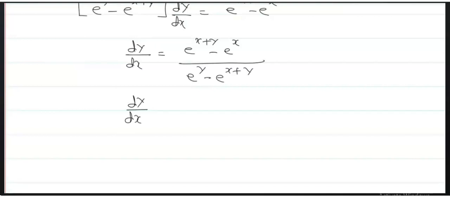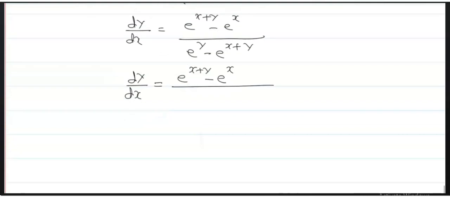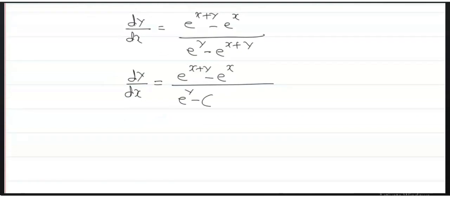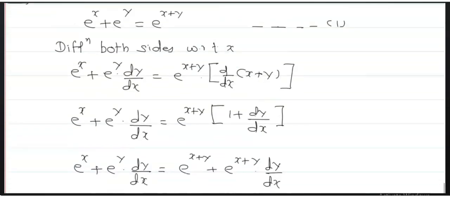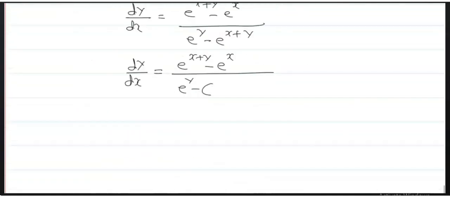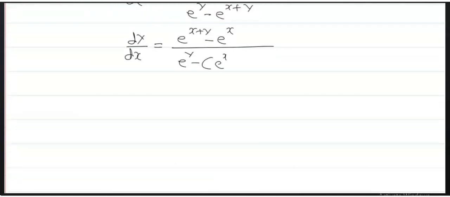That is, dy by dx is equals to e raised to x plus y minus e raised to x, and the value of e raised to x plus y is e raised to x plus e raised to y. Simplify this, then you will get the answer.